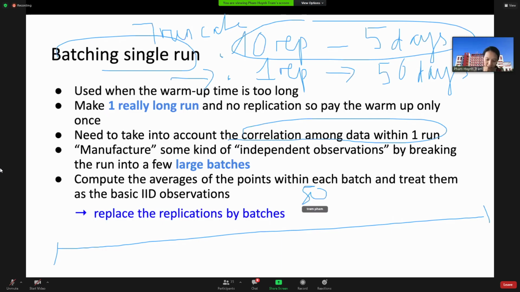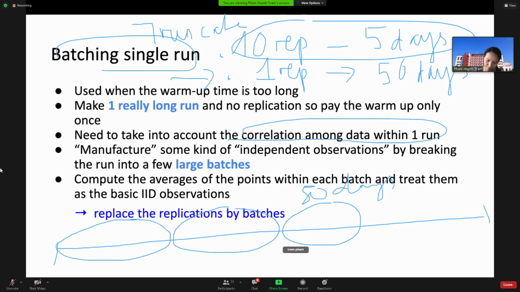There's certainly correlation among the data within one run. So the technique is to group the data into batches, and the batch needs to be large enough.